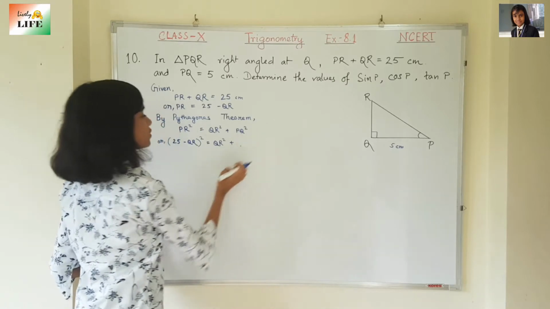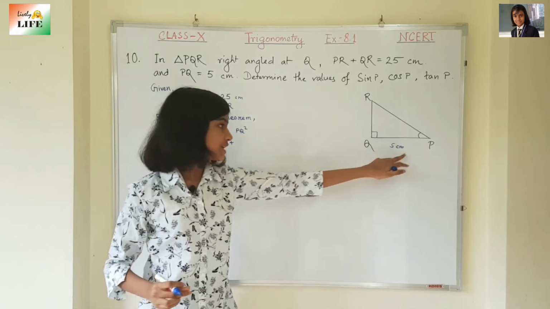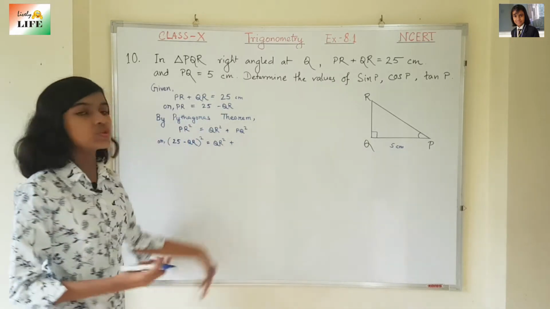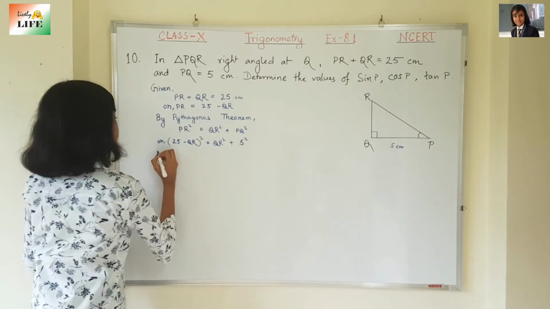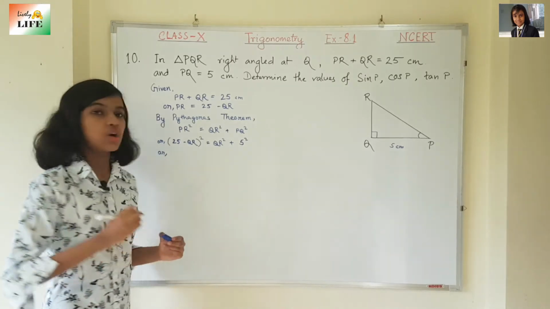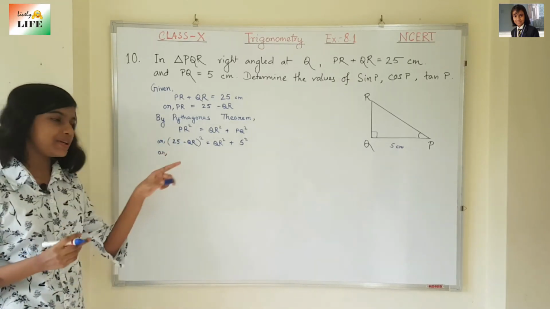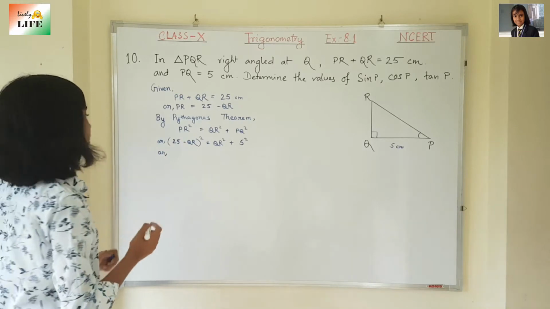Now, what is PQ square? We know that PQ is 5 cm, so PQ square will be 5 square. So now, if this is A and this is B, then it will be A minus B whole square. Then what it will be?